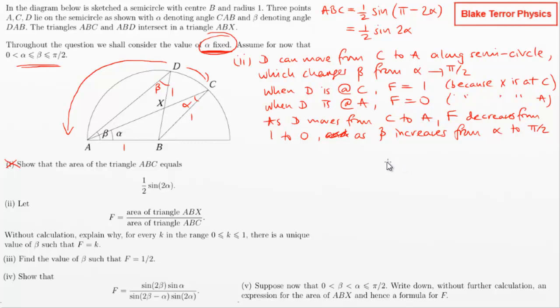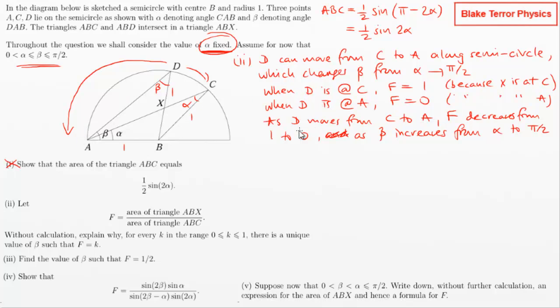I mean, that is it really. They're just confusing things by putting this K in. F is varying between 0 and 1 as D is moving round. Let's see if that makes sense. D can move from C to A along the semicircle, which changes beta from alpha to pi by 2. When D is at C, F is 1.